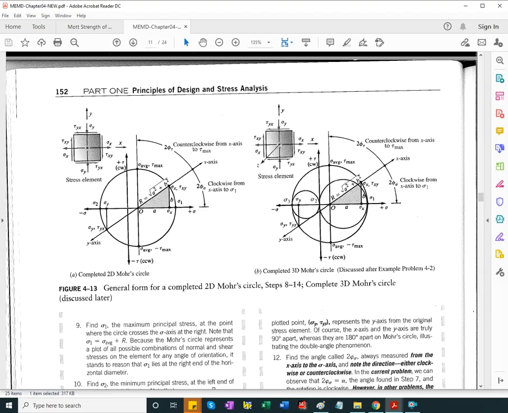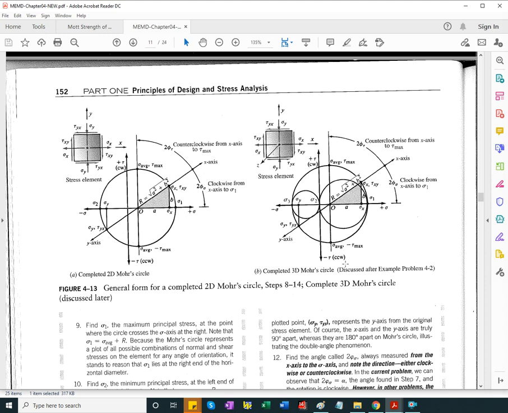The plane is x, y, and along the z-axis there is no stress. That will be a principal stress, shown as 0 on the graph, and these two circles are shown.